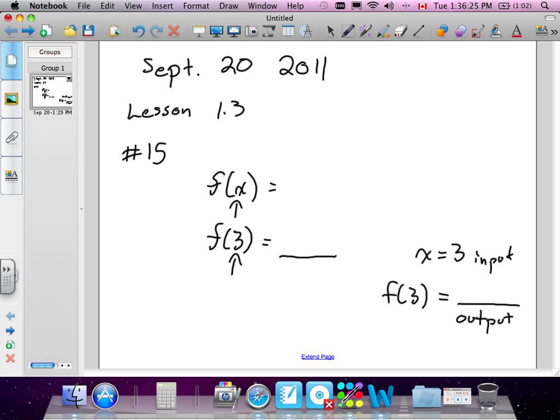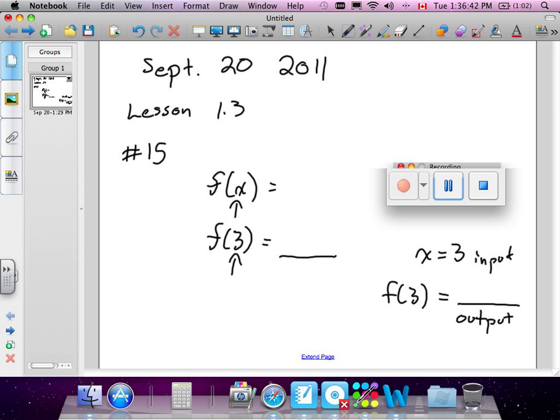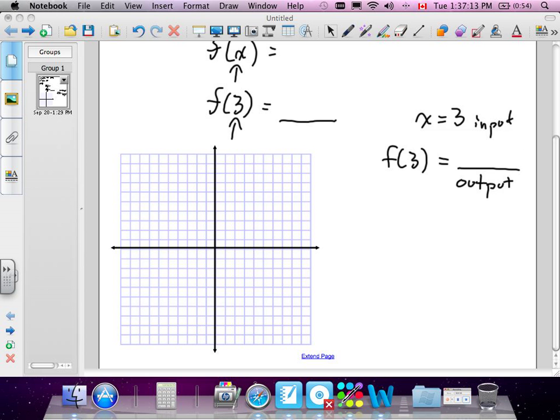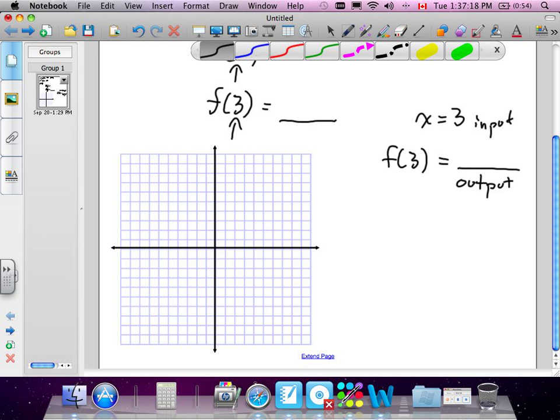If f at x is graphed, then f at 3 is the y-coordinate of a point on the graph of f. The x-coordinate of that point is 3. So what they're saying, again, if we were to graph this, pause this for a sec, get a graph. F at 3, which is our output, is also our y-coordinate.